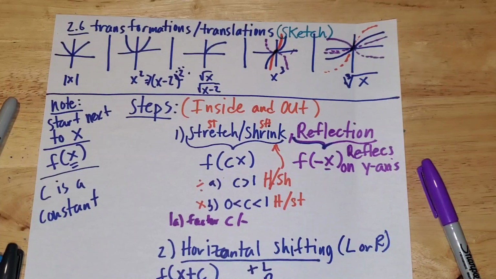If it's positive, you move it to the left. If it's negative, you move to the right, because it's doing the opposite of what you think it should be doing. So instead of adding meaning you go to the right, if you're adding, you have to go to the left. If you're subtracting, you have to go to the right.